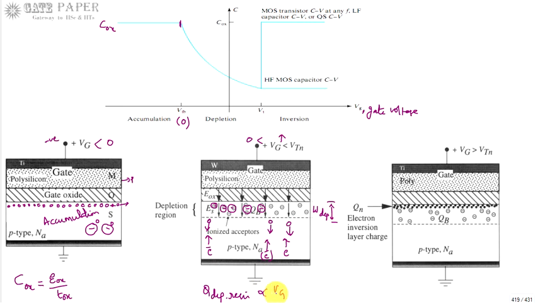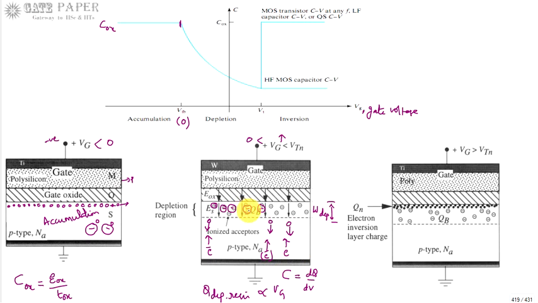So whenever the gate voltage changes, the charge in the depletion layer changes. That gives rise to a capacitance effect. We know that capacitance can be defined as dq by dv: whenever a change in voltage results in a change in charge, definitely a capacitance effect will be present.